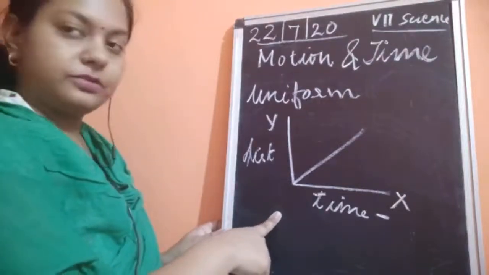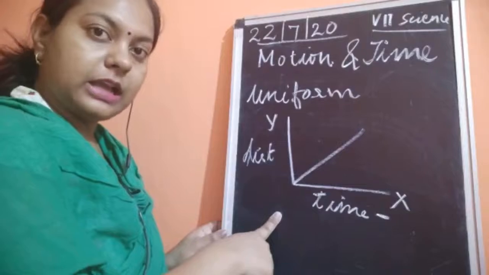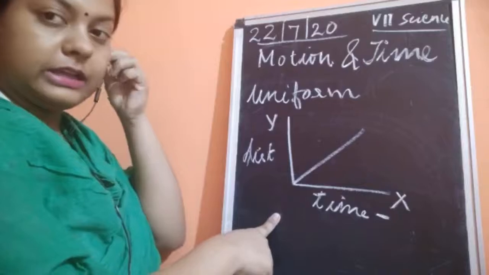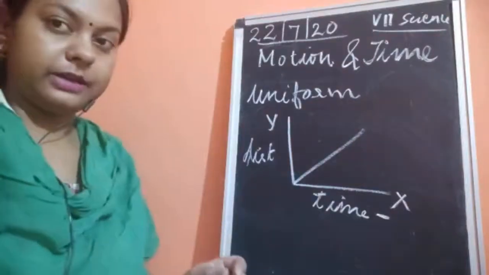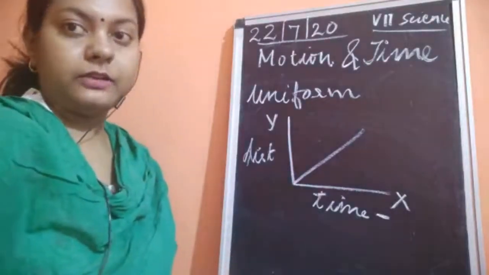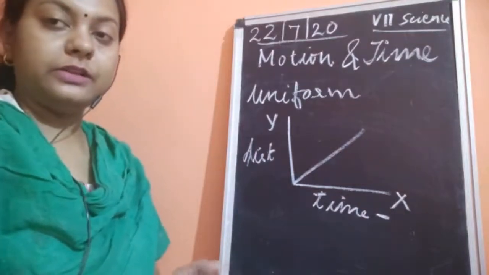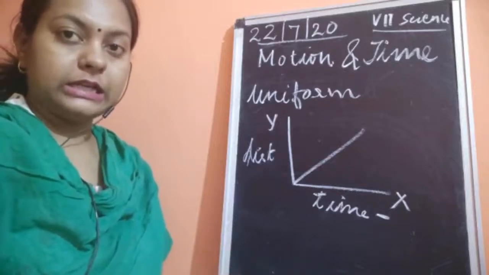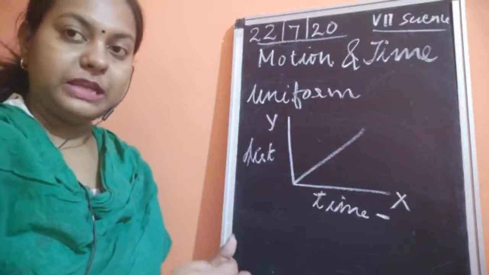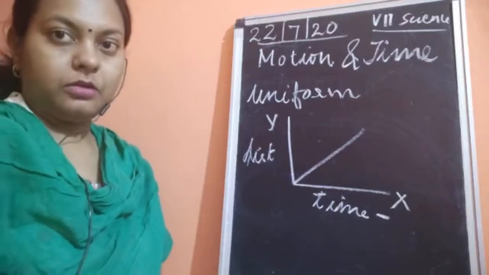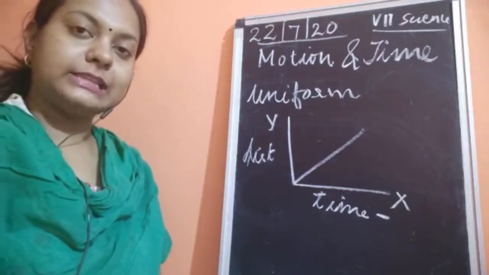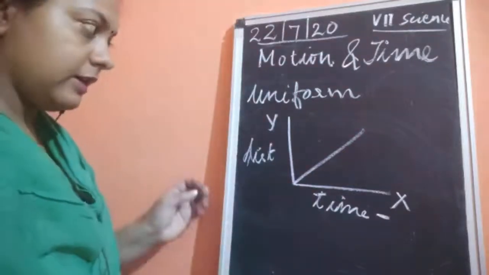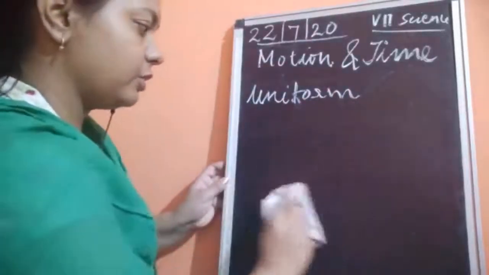Just opposite to it, if the distance traveled is unequal in equal intervals of time, or whenever the distance as well as the time are both unequal, then we can say this type of motion will be non-uniform speed. We studied these things yesterday, and today I'll continue the same thing, and we'll plot a graph first, and then go on to the next topic.